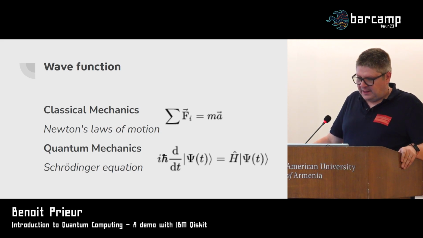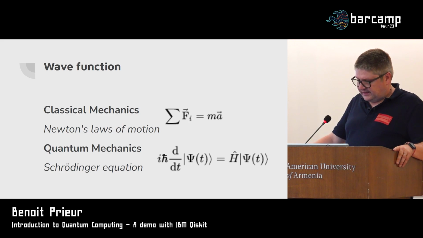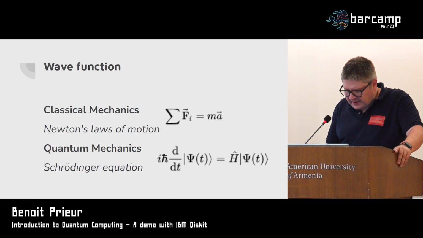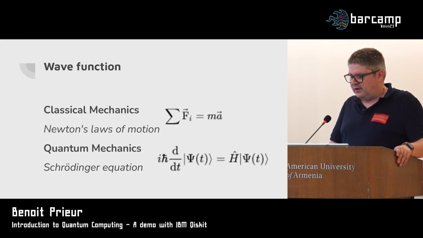In quantum, it's the Schrödinger equation, and this notation here could be translated in natural language. It's the quantum state of this particle at a given time, but we don't care about the time here.